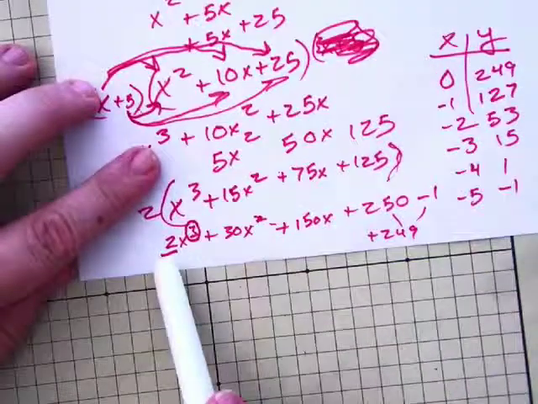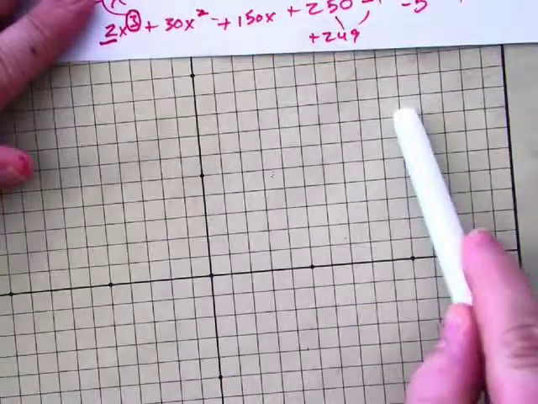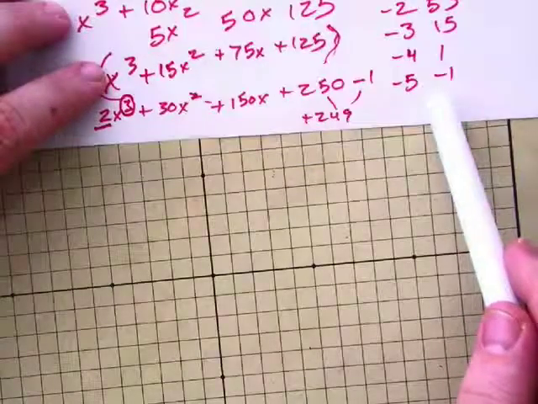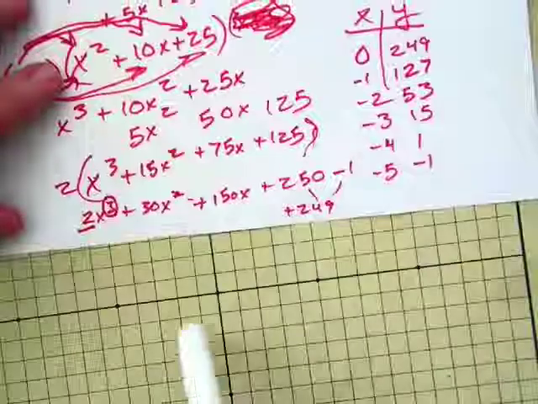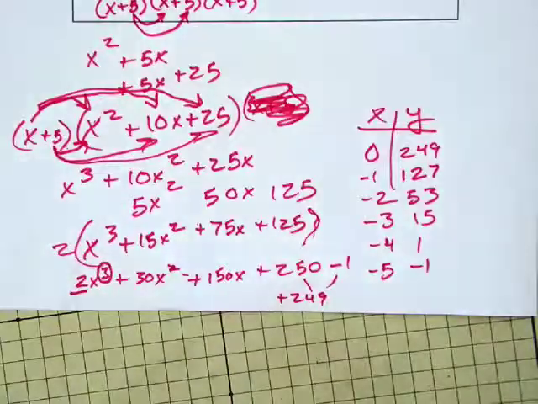And we see it's a positive coefficient, so it's going to go up. And that makes sense with what we're doing. Up here at 0, it's way off the chart. At -1, it's getting closer, so it's coming down, and then it kind of levels out and then keeps going down. So that's how you do that one.